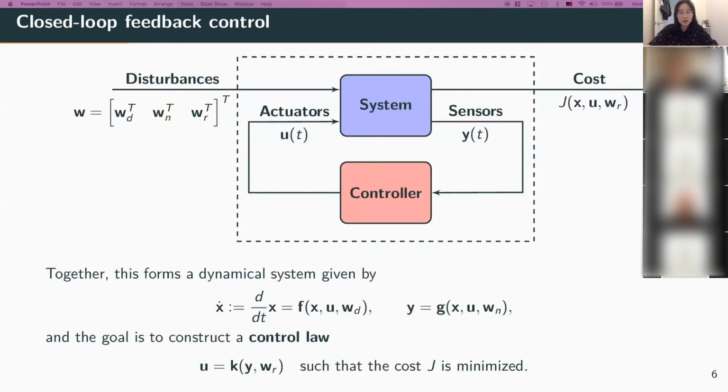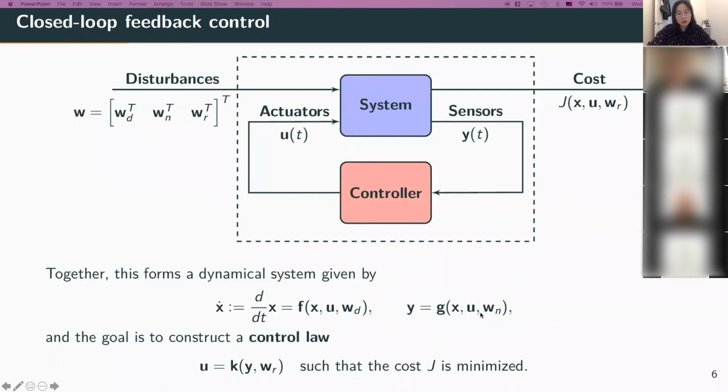Together, this gives us a dynamical system given by this differential equation. From now on, I will mainly use the dot notation, so x-dot, to denote the time derivative of x. On the right-hand side, we have a model f that depends on the current state x, the actuation u, and the state disturbances. The sensor measurements y are given by some function g, which again depends on the states, the actuation, and the measurement noise.